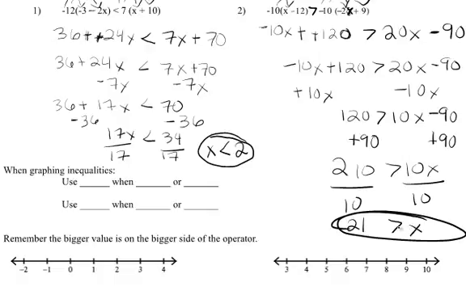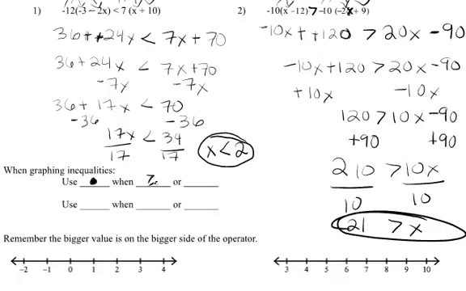Okay, we're not quite done with inequalities yet. We need to talk a little bit about graphing inequalities. When you're graphing inequalities, you're going to use a filled-in circle when you have less than or equal to, or when you have greater than or equal to.